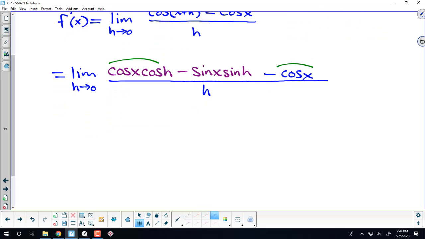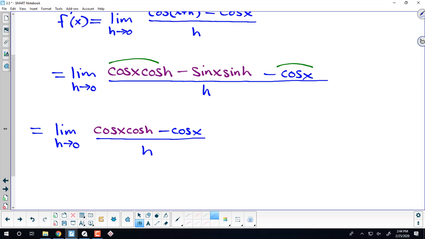One more step before we do that, we're going to break this up. We're going to look at it as the limit as h approaches 0 of this thing, minus cosine x all over h, times the negative sine x, sine h over h as well.